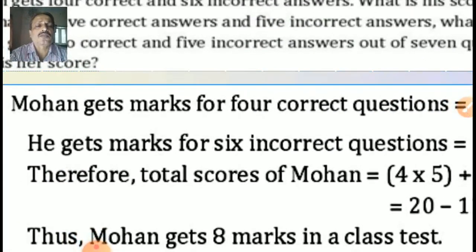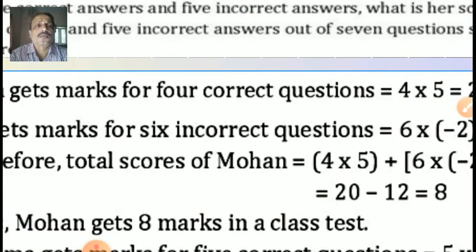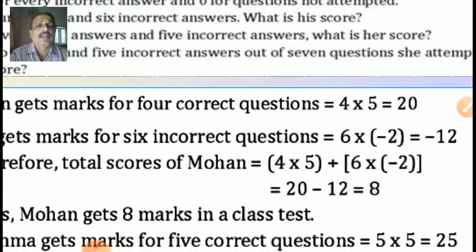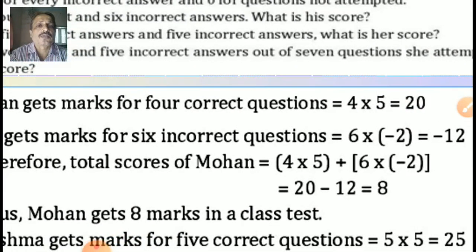Mohan gets marks for 4 correct answers, 4 into 5. Yes, our calculation was correct. He gets marks for 6 incorrect questions, 6 into minus 2, that gives us minus 12. And therefore, total score of Mohan is equal to 20 minus 12. Yes, 8 marks only.